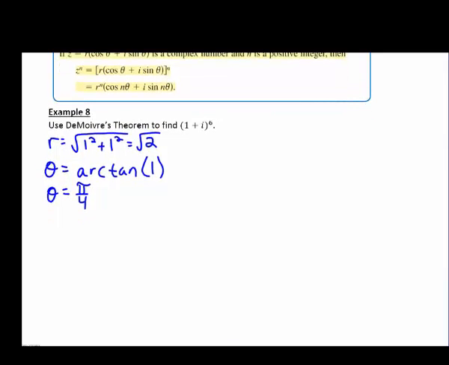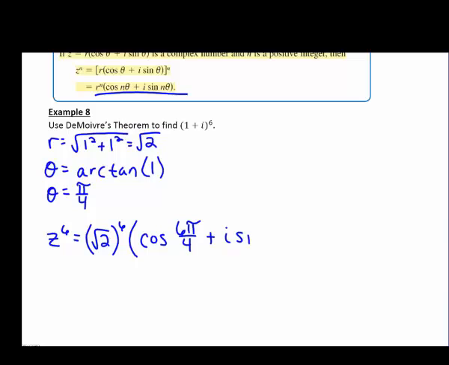All right, so now we can use this formula up here to figure out what z to the 6th is going to be. So we have r, which was square root of 2, to the 6th power. And then we're going to multiply by the cosine of 6 times pi over 4, so that gives us 6 pi over 4, plus i sine of 6, which was our n value, times pi over 4, so that's 6 pi over 4.